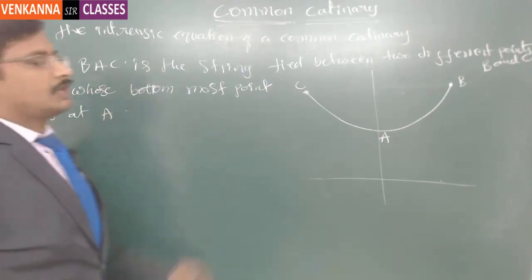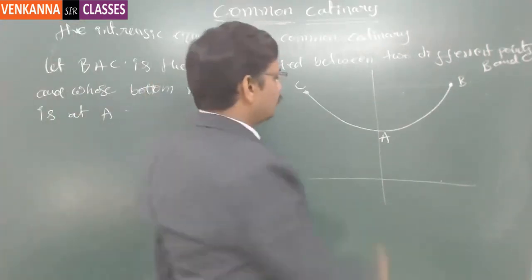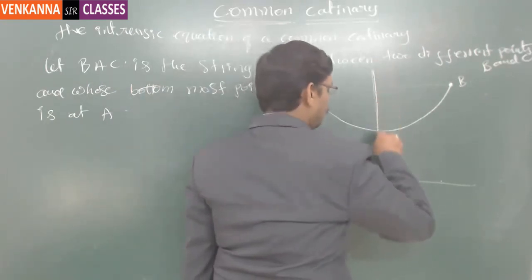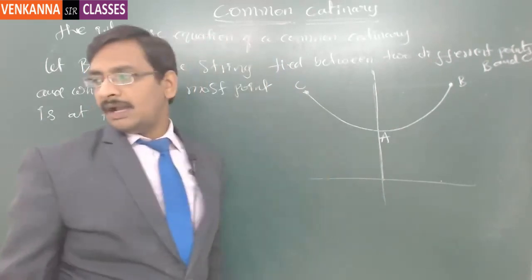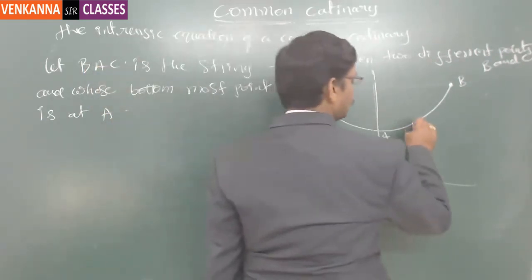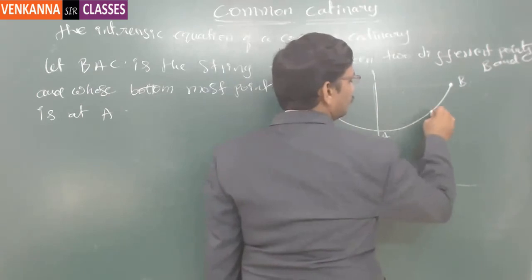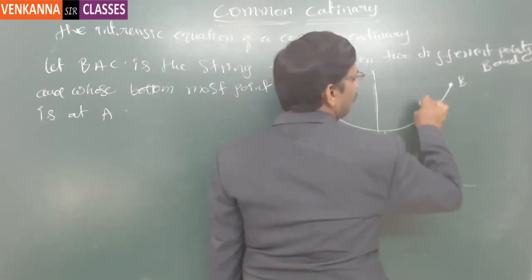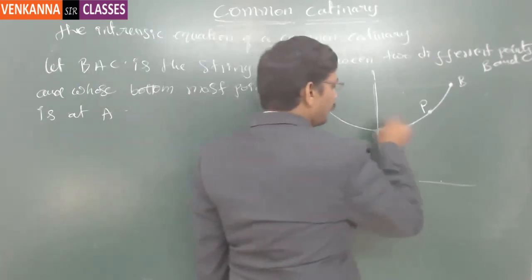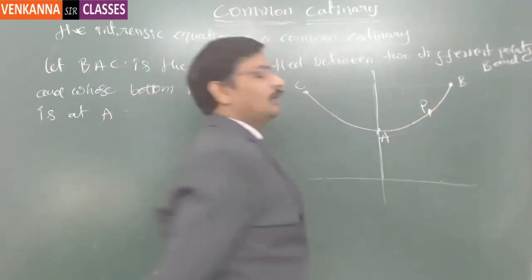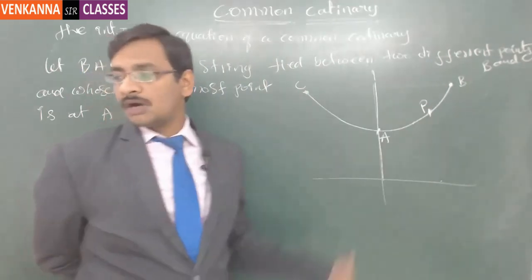So this is the string that we have considered. Now, if you randomly consider a point on this string, let us say at this particular location, I call this point P. Then the portion of the string from A to P will be under equilibrium with what forces?